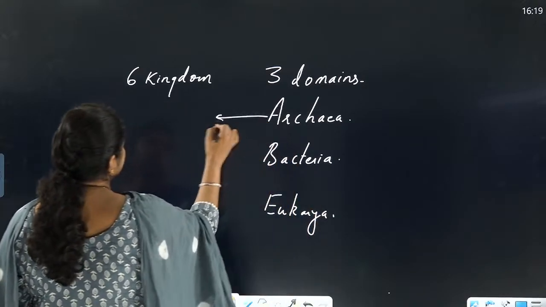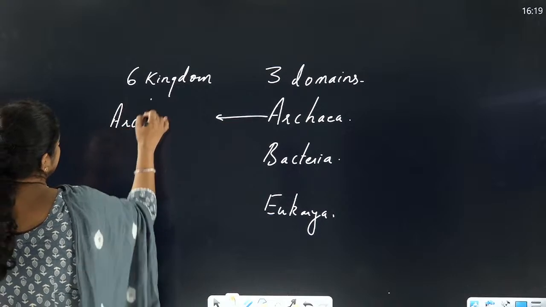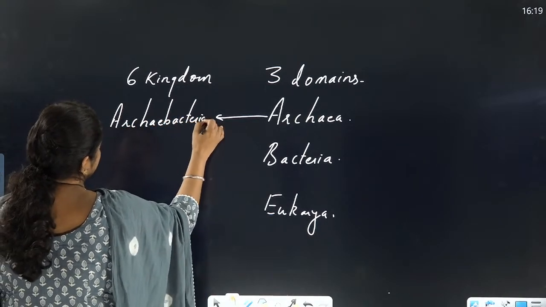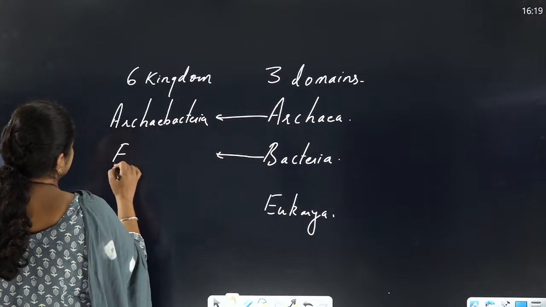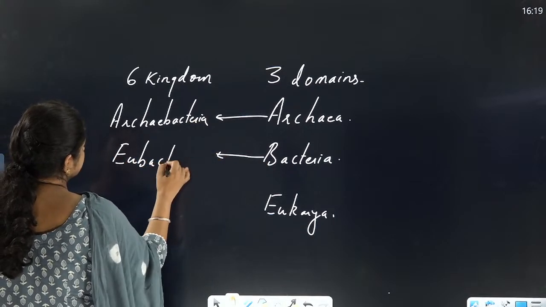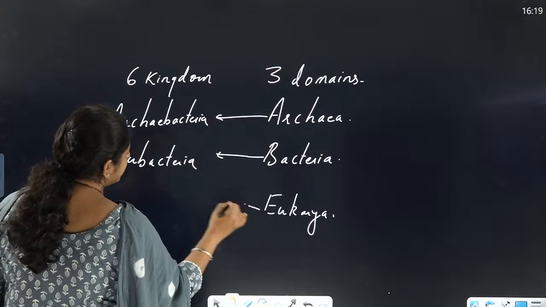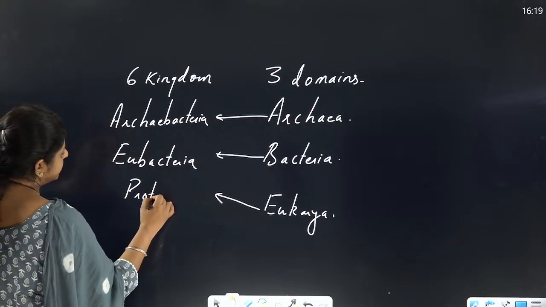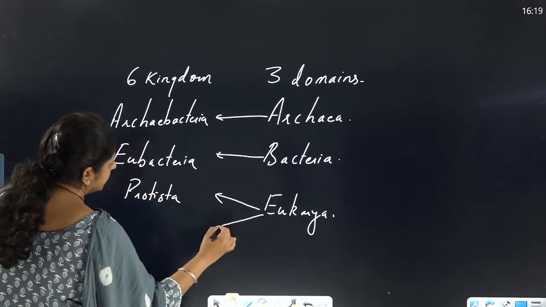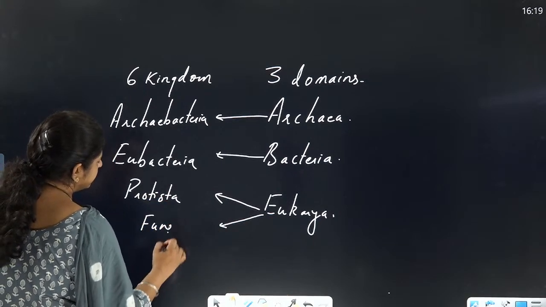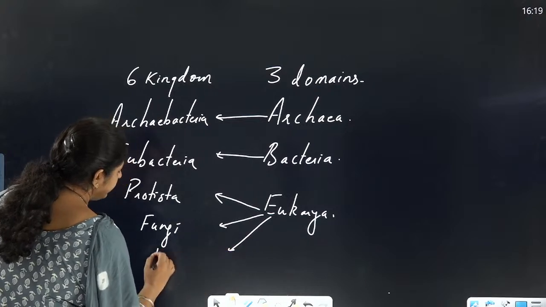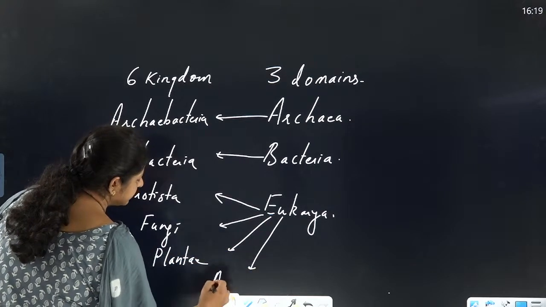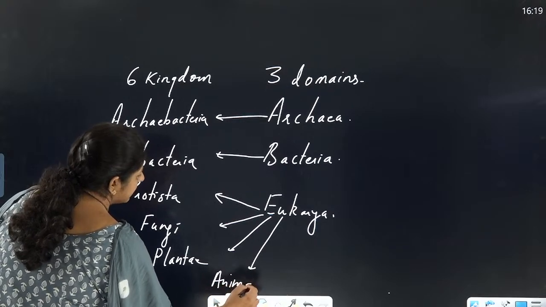Under the archaea, which is coming? Archaebacteria. Under bacteria comes eubacteria. And eukarya includes which kingdoms over there? Protista, fungi, plantae and animalia, right?